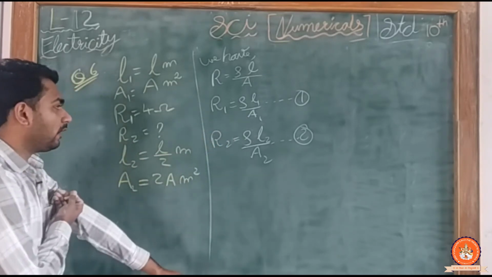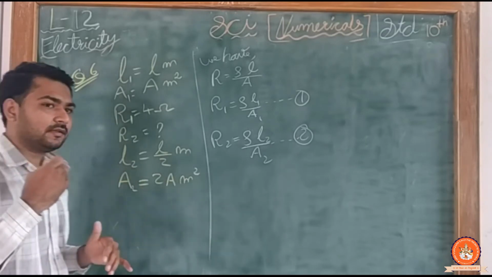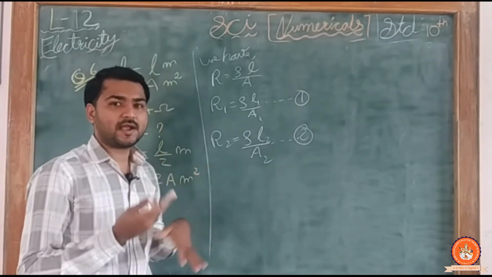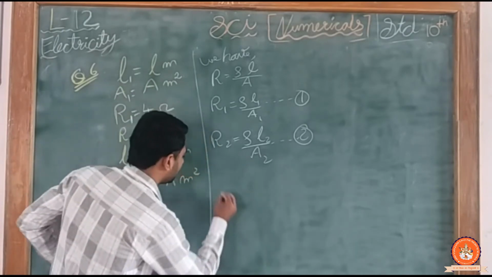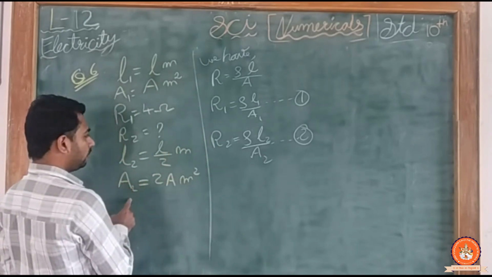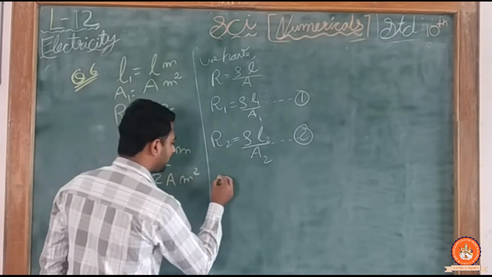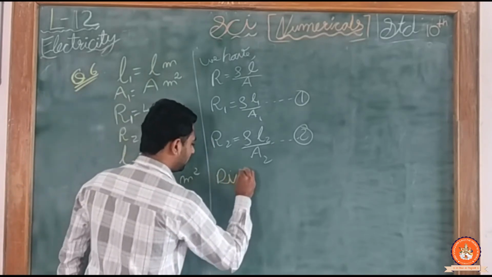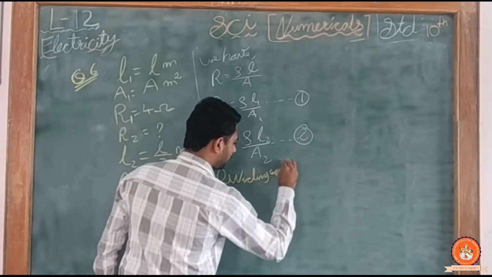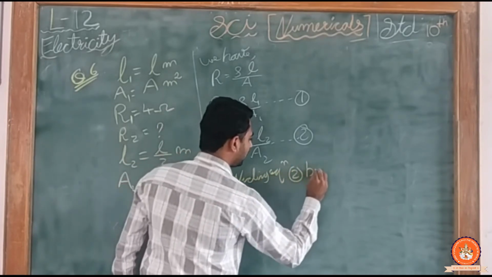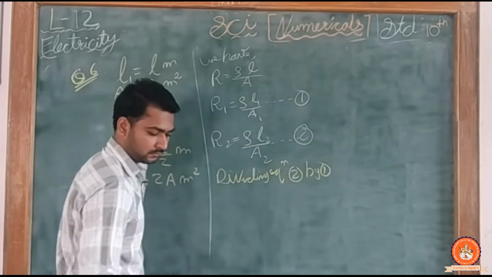Clear? Now similarly which I had done in the previous sum, dividing 2 by 1. So I will write here, I have to find R2. Okay, R2. So मैं क्या करूँगा, 2 को divide by 1 करूँगा. So dividing equation 2 by 1. Clear?